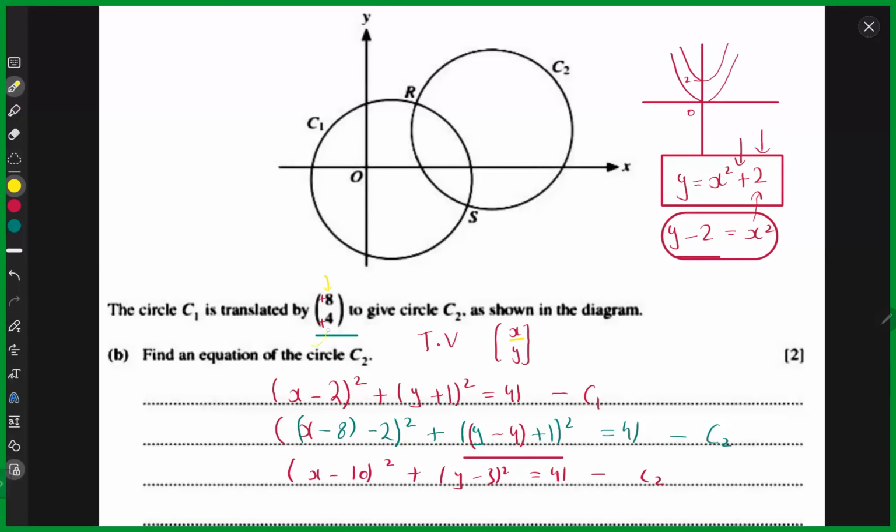I said it wrong in the beginning. I said it is moving 8 units above. I was wrong. This is the change along the x-axis, and this is the change along the y-axis. Okay, this is why it is like this. Are you guys clear with this thing? Yes, y minus 4? Okay. All right, perfect. Let's talk about the next question.